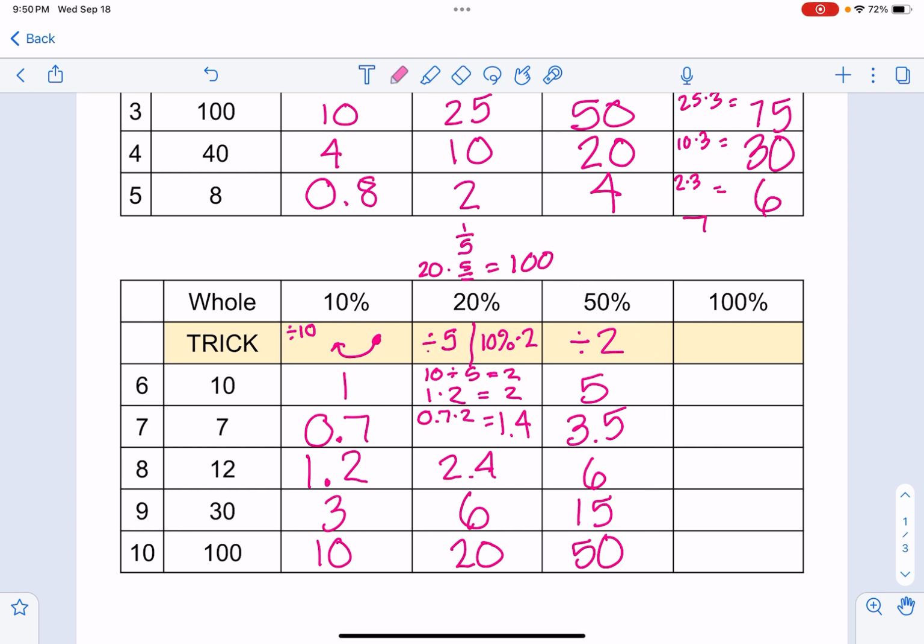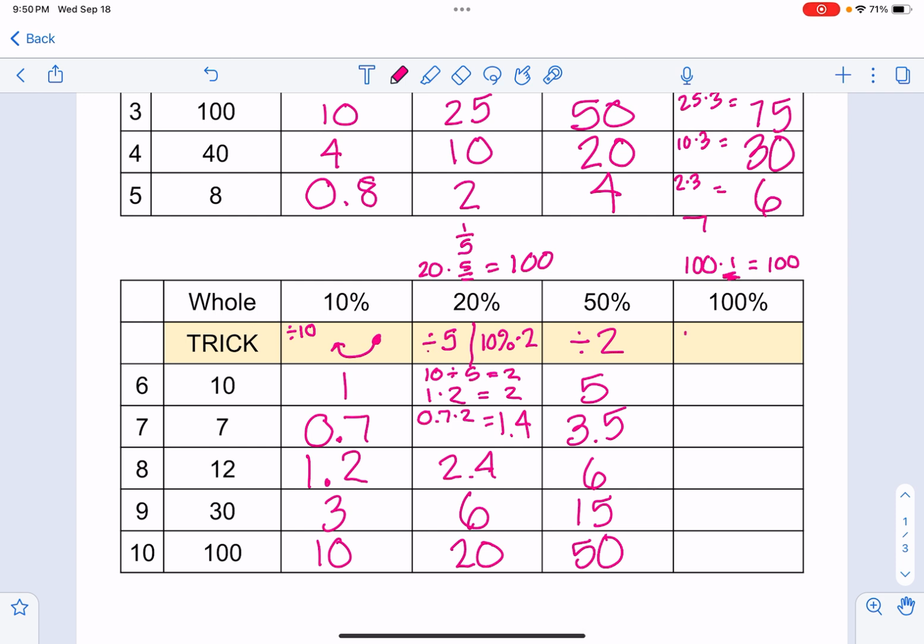All right. Look at this last one, 100%. Think about how many times 100 fits into 100. You would do 100 times 1 to get 100. So what that actually means is since we would be dividing the number by 1 here, it's just itself.